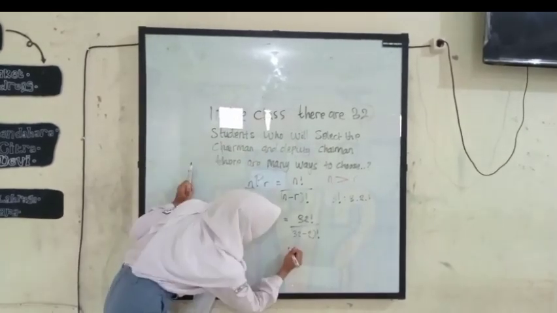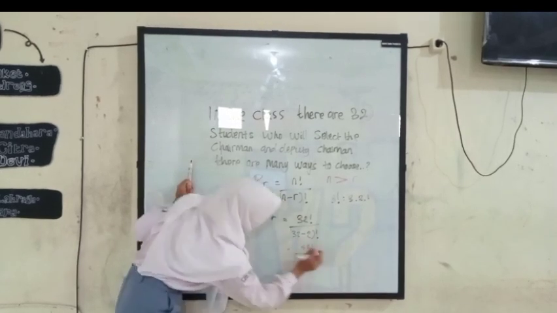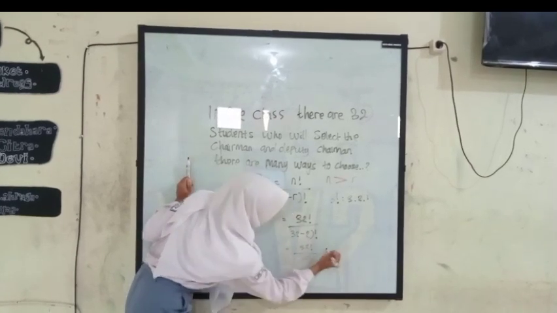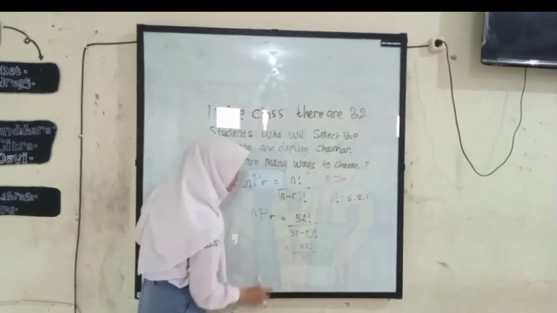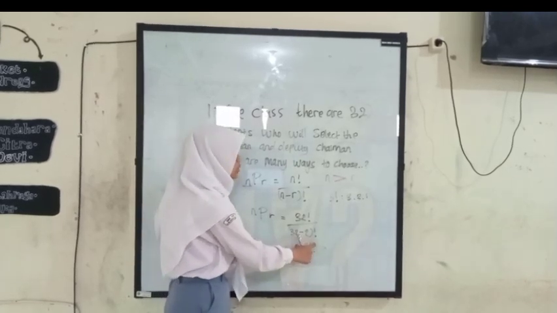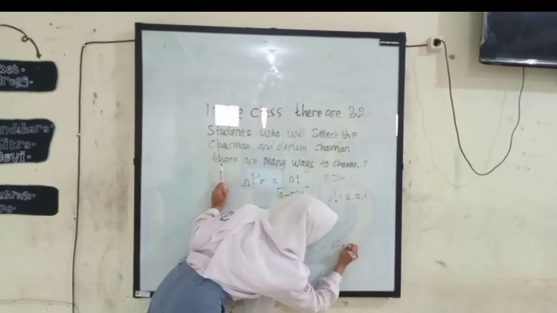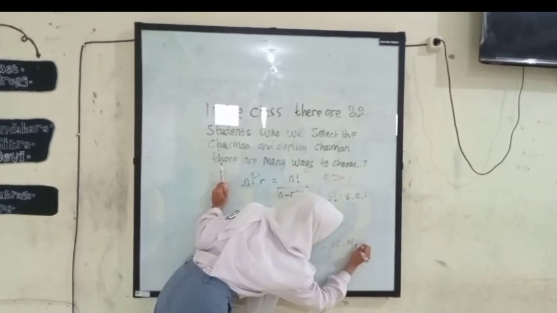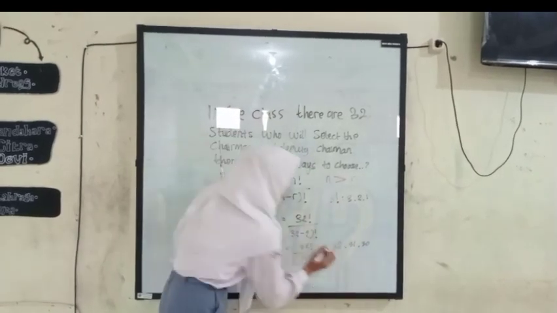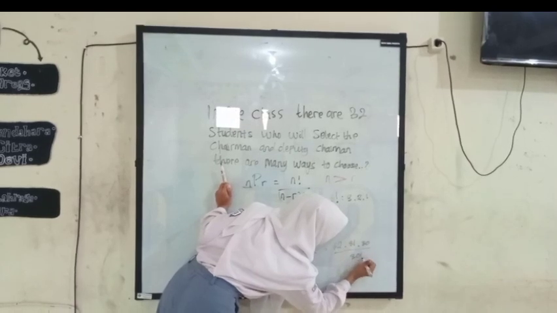So in here we know that 32 factorial over 32 minus 2 is 30 factorial. And then we have to multiply it until it reaches 1: 32 times 31 times 30, and we need to stop there, then 30 factorial.